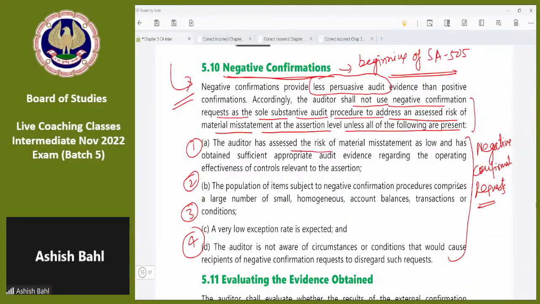Now the auditor thinks that the risk of material misstatement is low, and he has got sufficient appropriate evidence regarding controls. Also low, the risk of material misstatement is low.